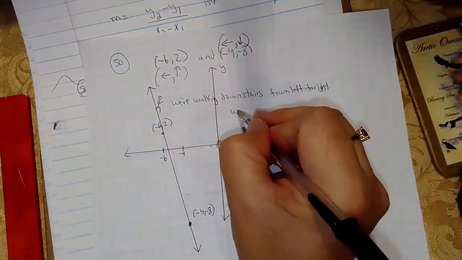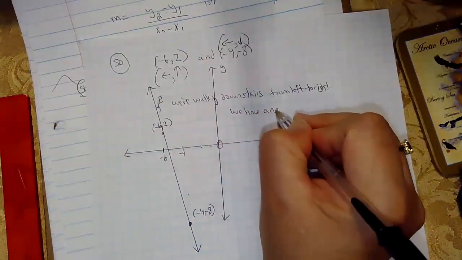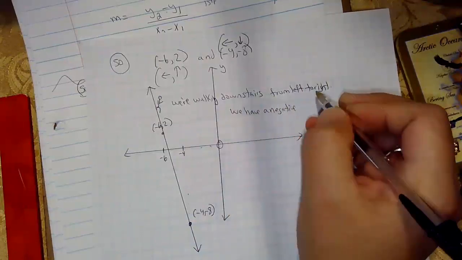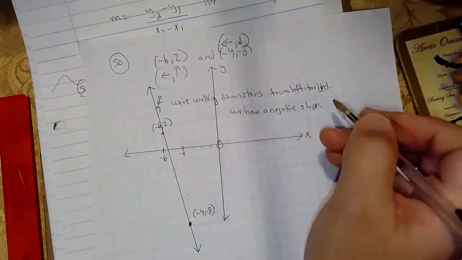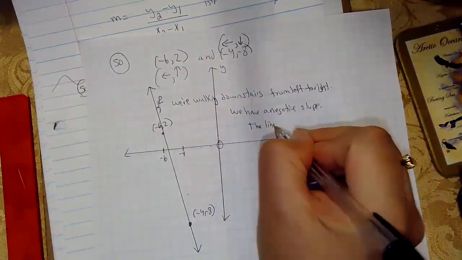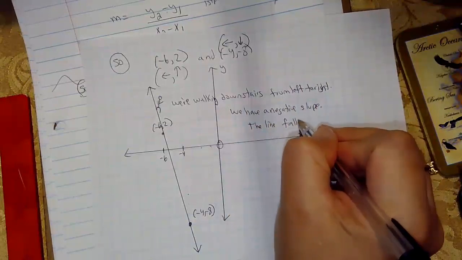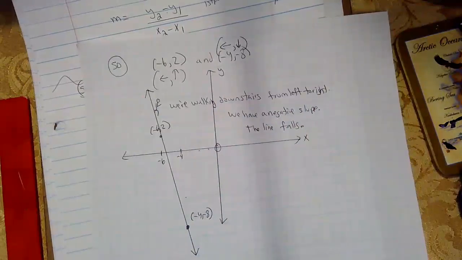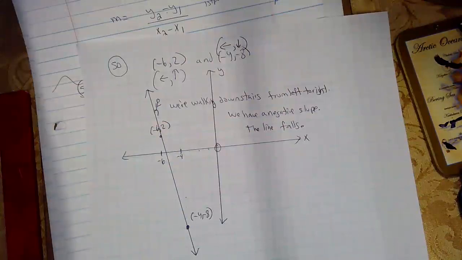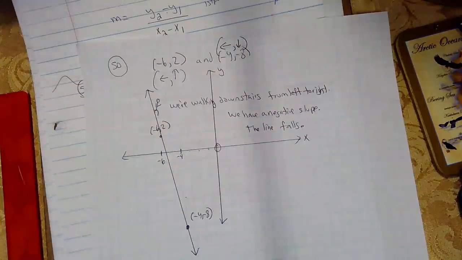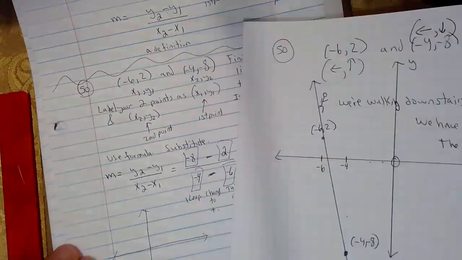So that means that we have negative slope, and that means that the line doesn't rise, the line is falling, the line falls. Okay, so the picture helps with that, but also just looking at the sign. If it had been a positive slope, then we would say it was rising. Okay, but this is falling. Okay, so that's 50. Okay, 51.